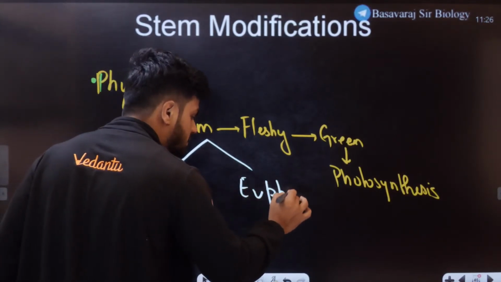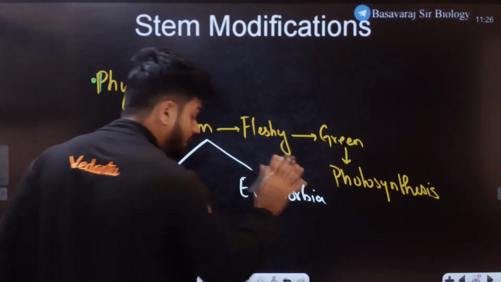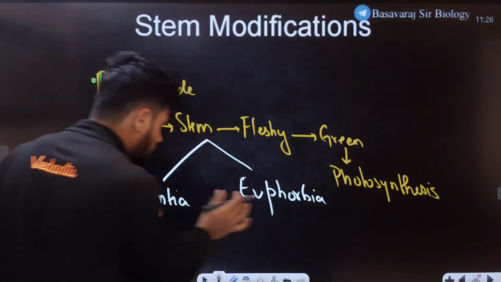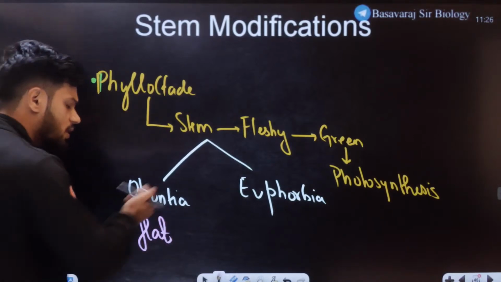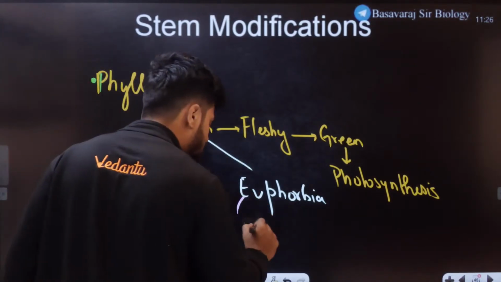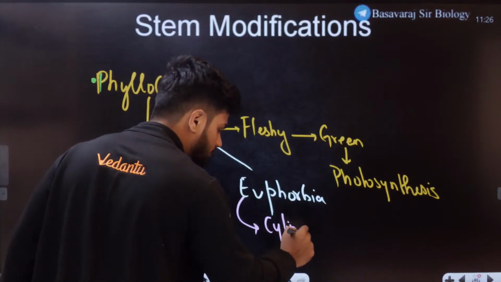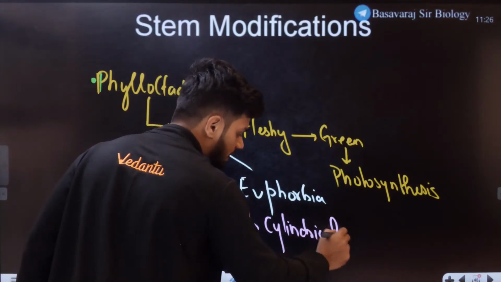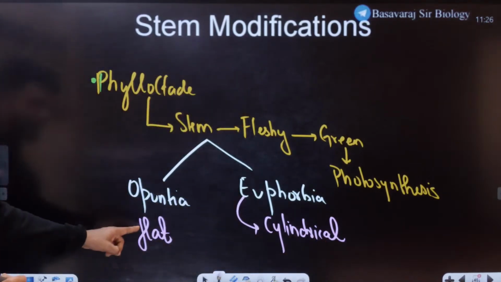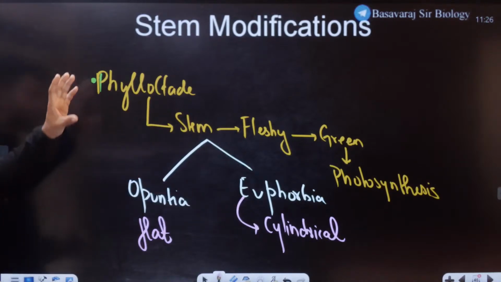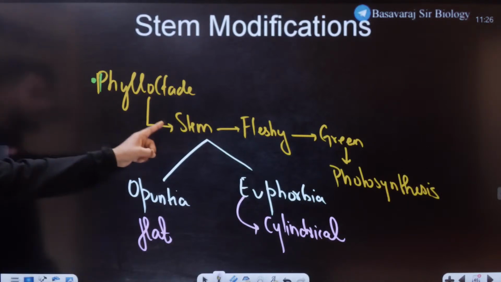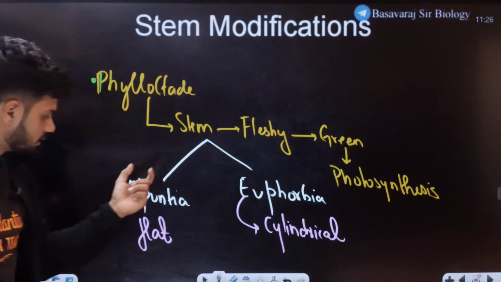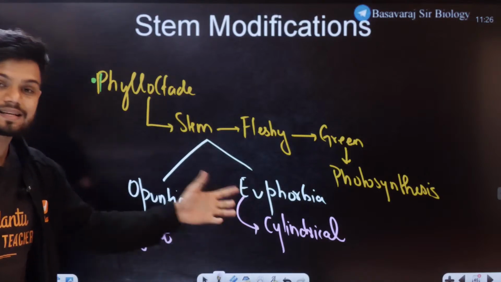Now what is the difference, sir, between opuntia and euphorbia? Understand. In the case of opuntia, the stem is much more flat. In the case of euphorbia, the stem is cylindrical in nature. So here it is flat, here it is cylindrical. That is your phylloclade. Clear all of you? This is called a phylloclade. Stem, fleshy, green, photosynthetic. Opuntia is flat, euphorbia is cylindrical in nature.